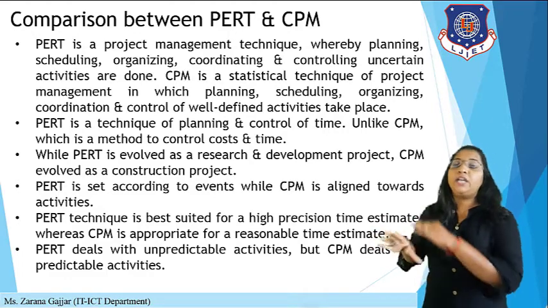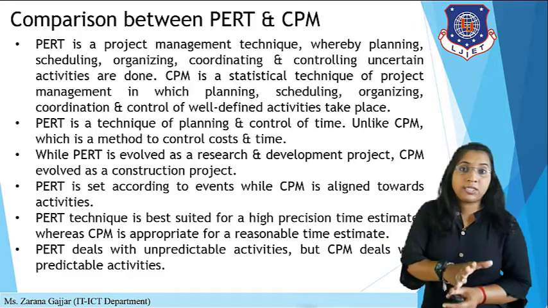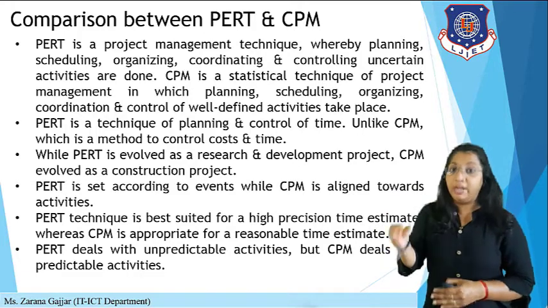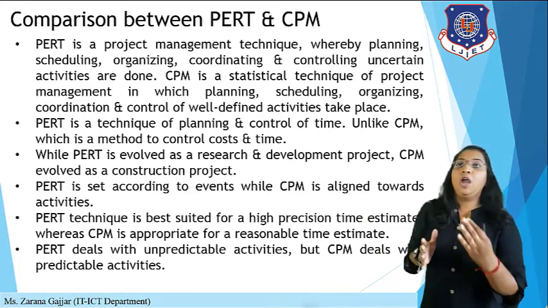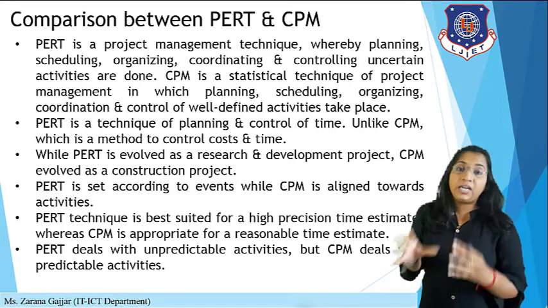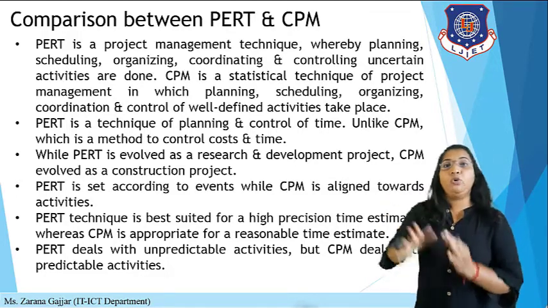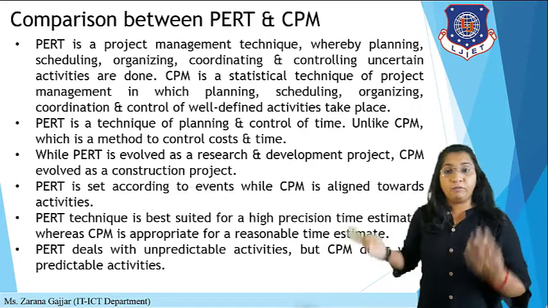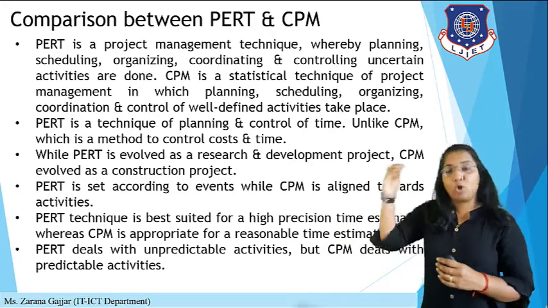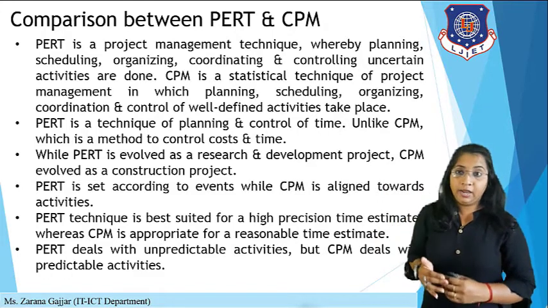Okay, so in PERT chart you are doing this much activity, but CPM is a statistical technique of project management in which planning, scheduling, organizing, coordination and control of well-defined activities take place. Okay, so in both, planning, scheduling, organizing, controlling, coordinating is done, but in a different way. So PERT is a project management technique, whereas CPM is a statistical technique, right?